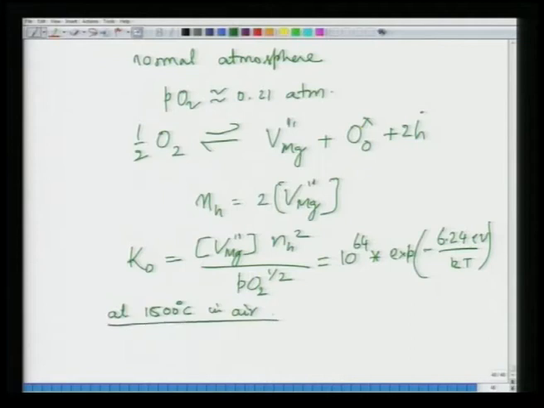So at 1600 degree centigrade in air, I can calculate using this expression what N_H would be, and this N_H works out to be 5 into 10 to the power 13 per centimeter cube. This concentration is much larger than the thermally generated electron or hole concentration, which is of the order of 10 to the power 9.